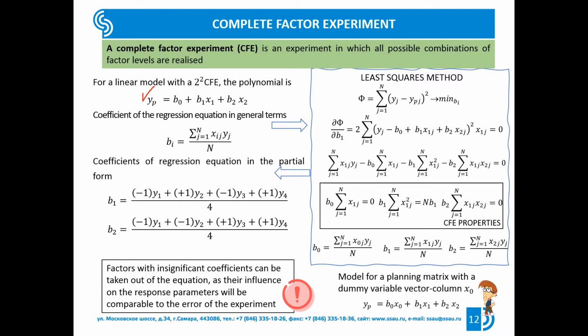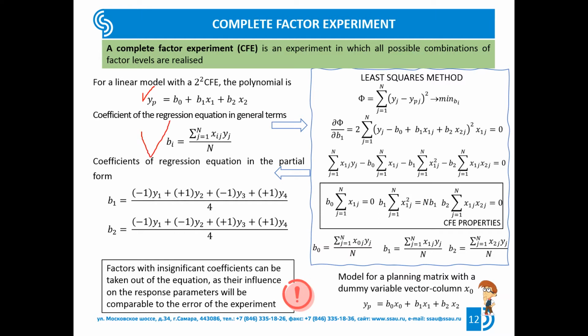The coefficients of the regression equation b_i are determined by the least squares method, which minimizes the sum of the squares of the deviations of the experimental values of the response function y_j and the values y_pj determined by the model. Using the properties of a complete factor experiment, we obtain the coefficient of the regression equation in general terms.